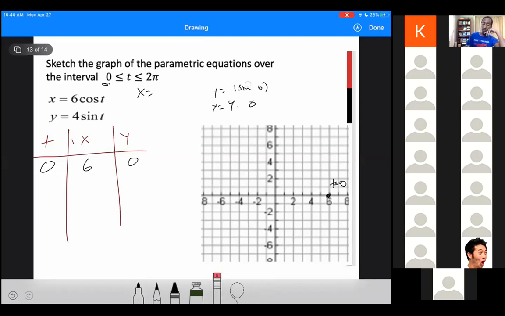Very good. Now, then it goes from 0 to 2 pi, and there's an infinite amount of values between 0 and 2 pi. So we have to think about which is going to be the easiest angle for us to use to get a clean number to be able to graph it. So what will be the next easiest value to use to plug in for t here on the unit circle?